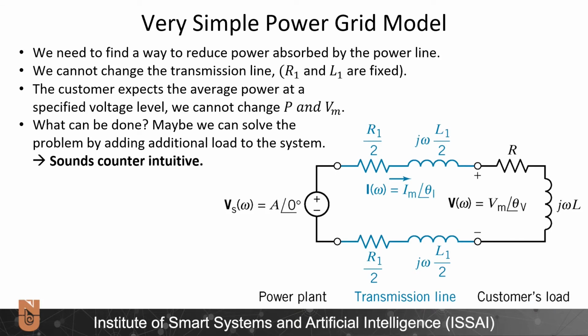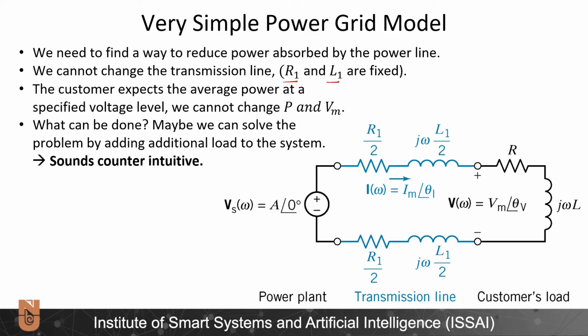So how can we reduce the power absorbed by the power line? Supposedly, in some cases, we might shorten the transmission line by making it pass through an underground tunnel or so. But in general, the length of the wire and specifications of that wire are fixed, and therefore we cannot change R1 or L1.